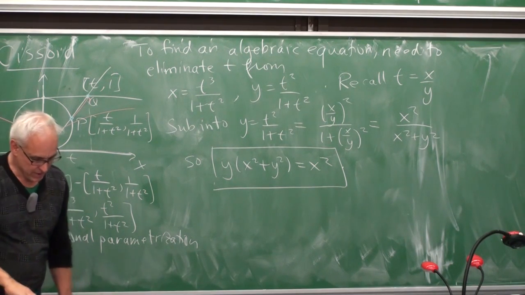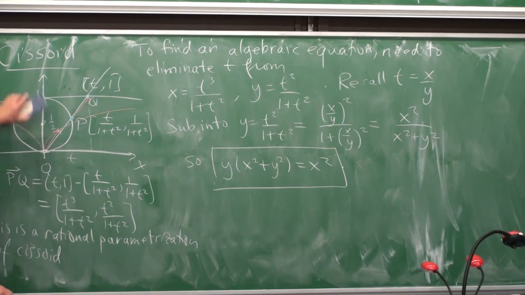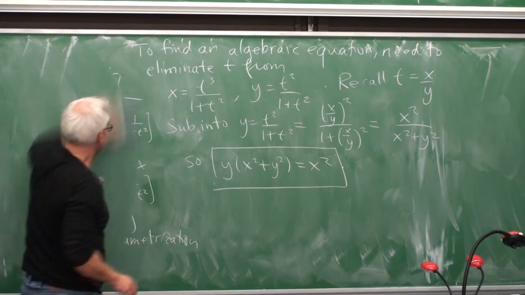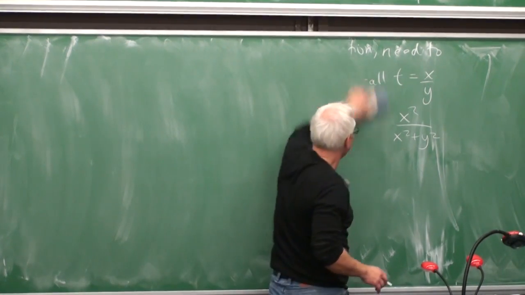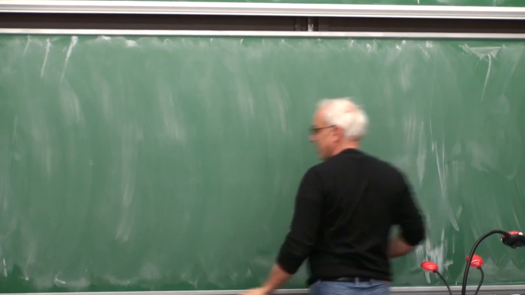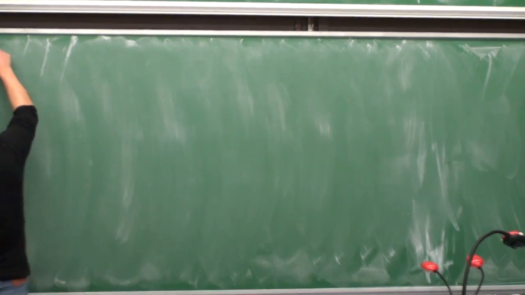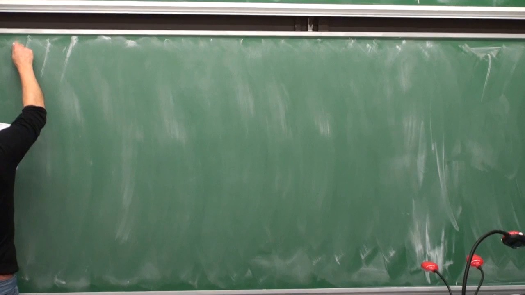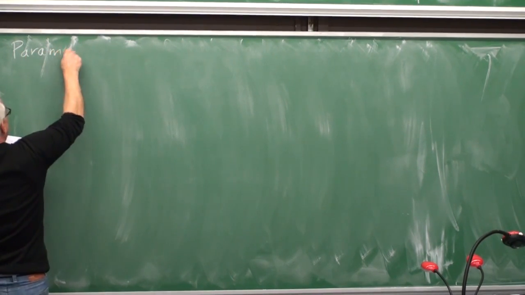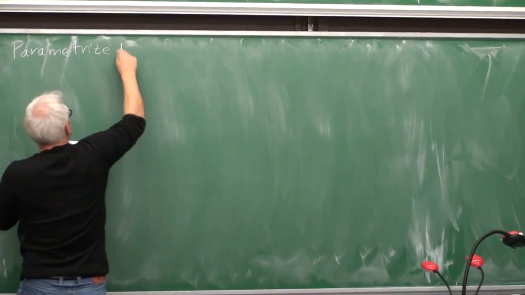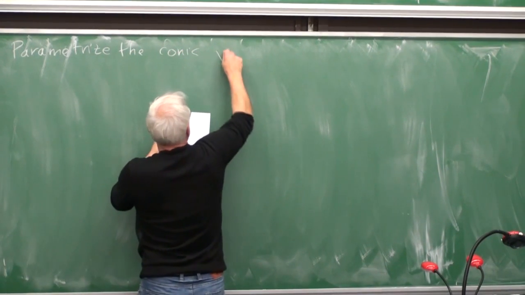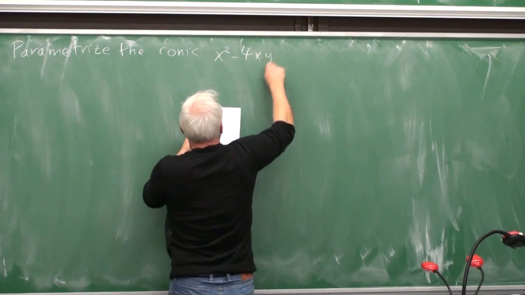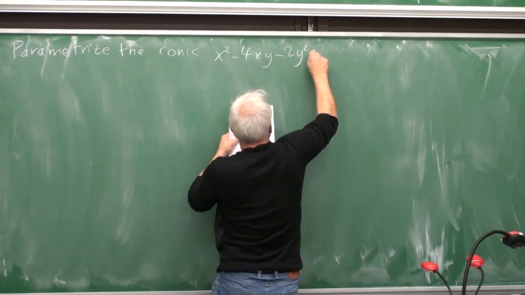So that's the first question. The next one I want to look at is a parameterization question: parameterize the conic x squared minus 4xy minus 2y squared equals 3.